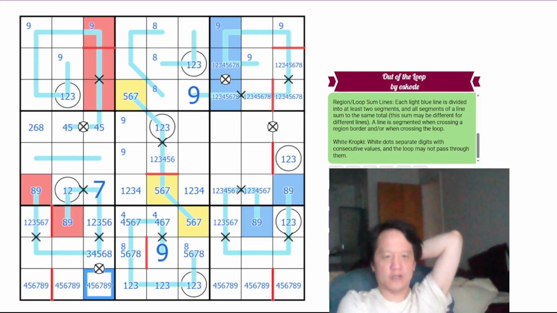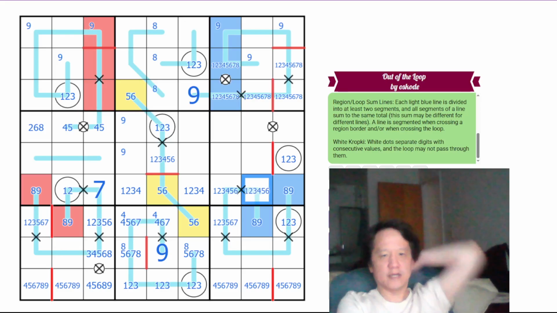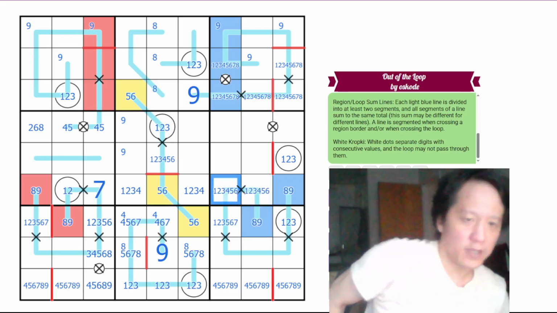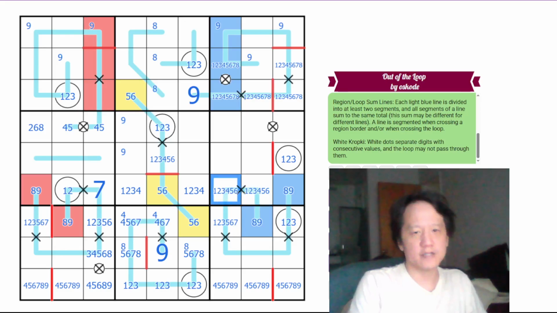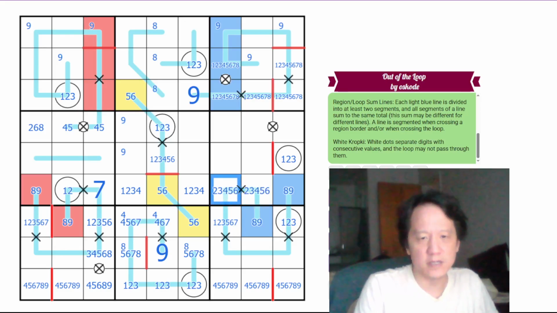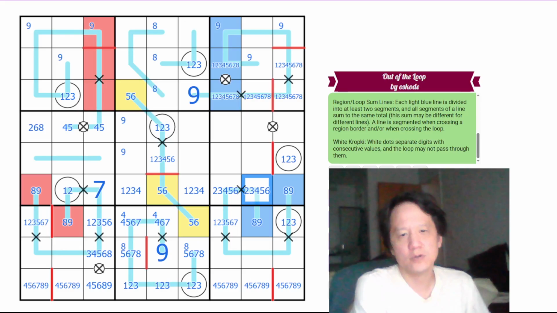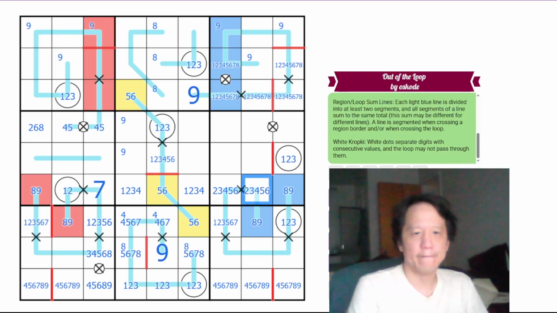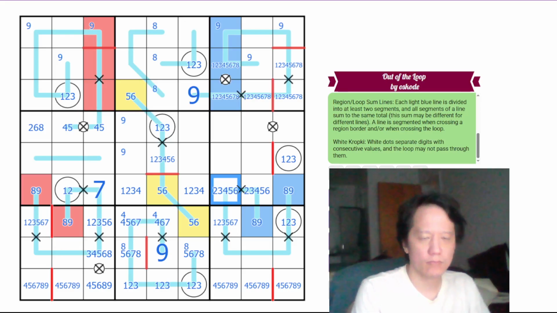There's no 7 here or here. 7 cannot be here, which means 7 can't be here, 7 can't be here. This can't be 7, so this cannot have a 1 here. Because 1 and 6 would add up to 7 at most.